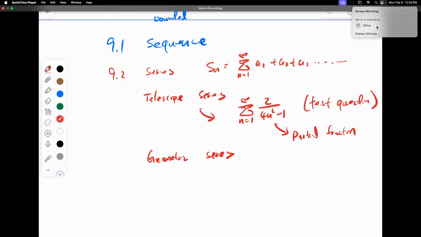Right? So this equation is used for finite geometric series. That means R doesn't have to be between -1 and +1. It's finite. That means I can use this equation to find any finite series.